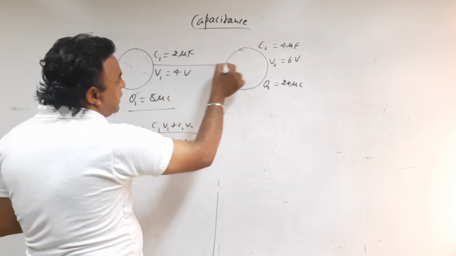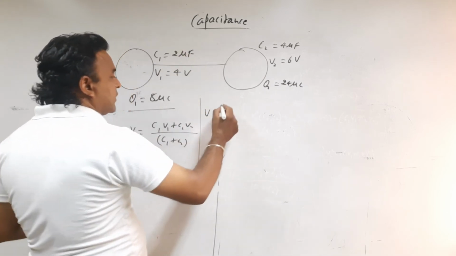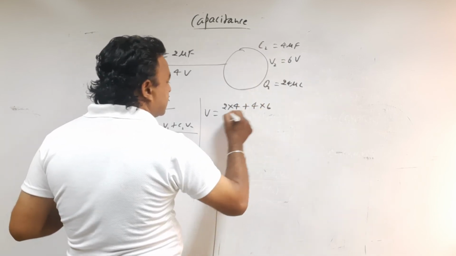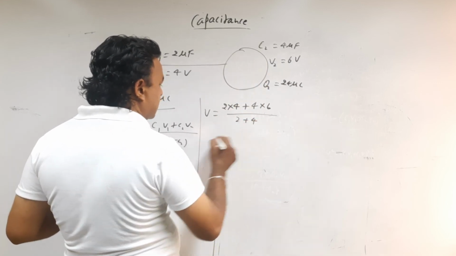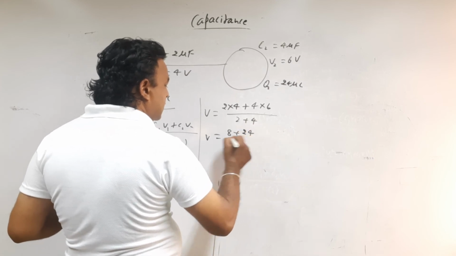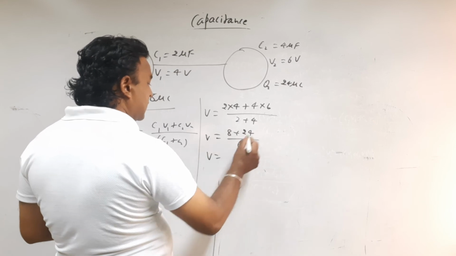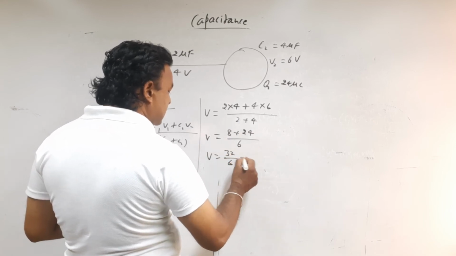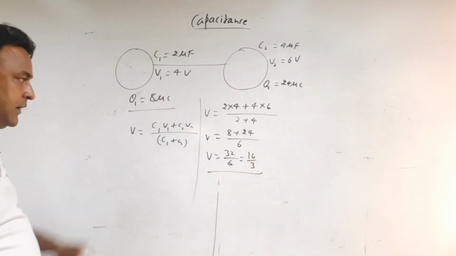So first of all, let's calculate the common potential. That will be 2 into 4 plus 4 into 6 upon 2 plus 4, 8 plus 24 upon 6, V equals 32 by 6, it is 16 by 3. This is common potential, right?